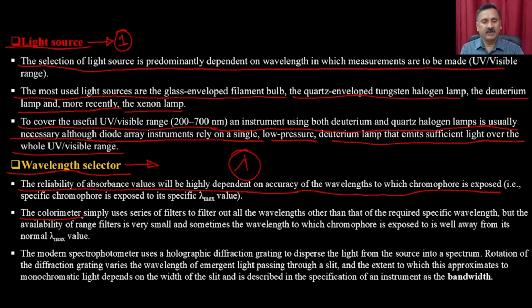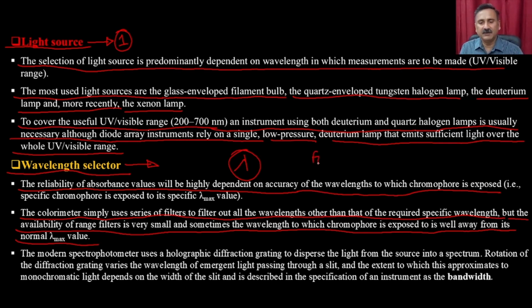The colorimeter simply uses a series of filters to filter out all the wavelengths other than the required specific wavelength. But the availability of the range of filters is very small, and sometimes the wavelength to which the chromophore is exposed is well away from its normal lambda max value. Okay, so there are many ways in which you can use the wavelength selectors.